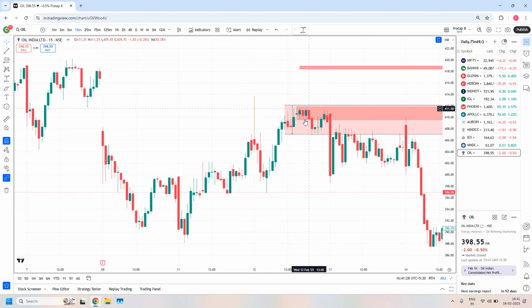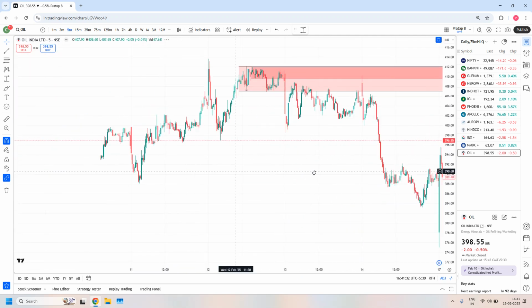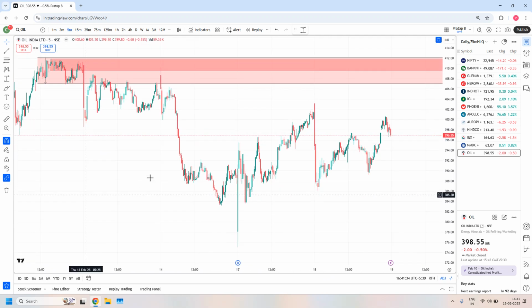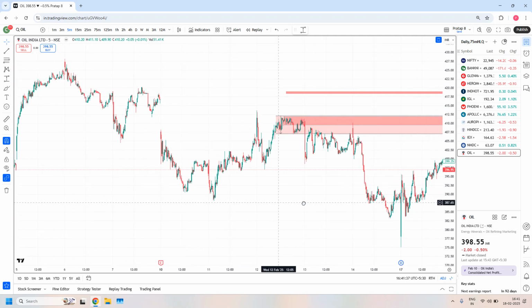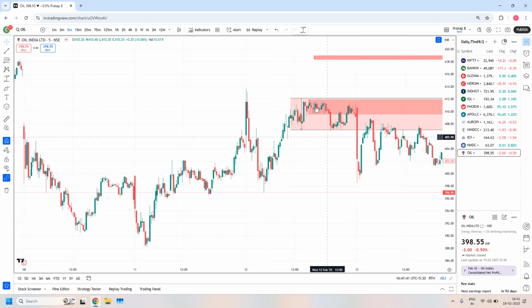Now this one again, fine tune with the 5 minutes time frame. In the 5 minutes time frame, here we have some zone I have drawn.